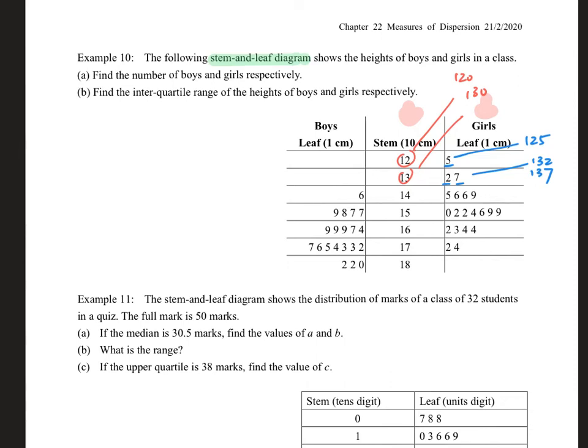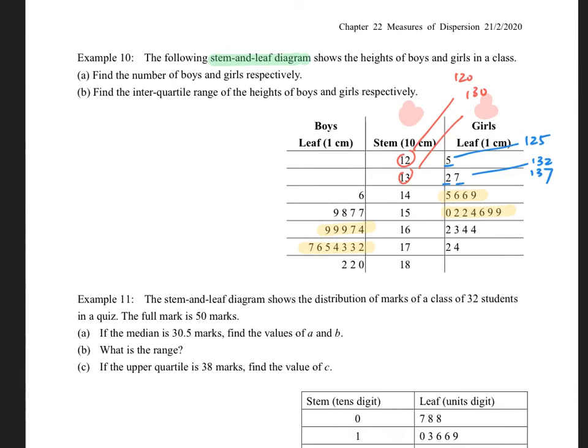For example, most boys are 16 something and 17 something in height, while most girls are 14 something and 15 something. The second advantage is grouping: 12 something is one group, 13 something another, 14 something another, but it also tells you the exact value of every individual boy and girl.